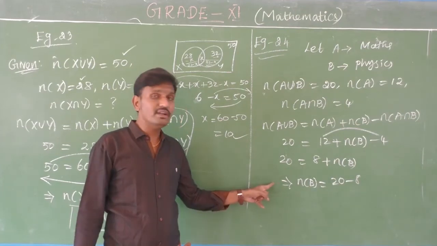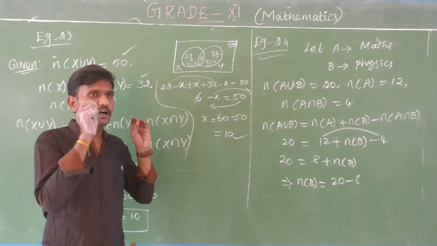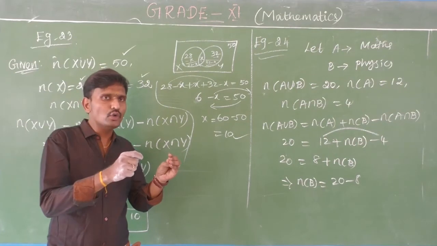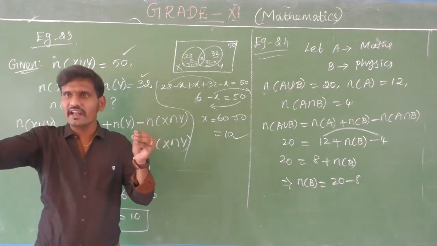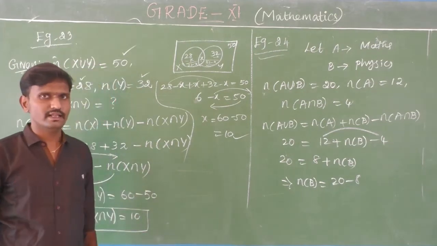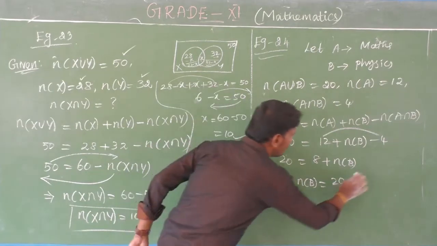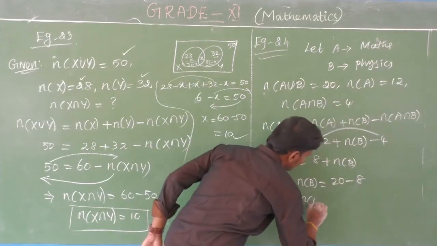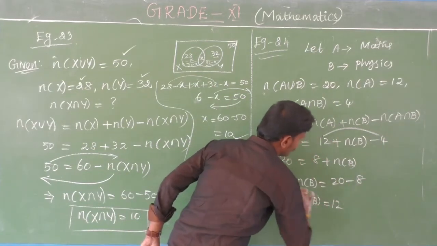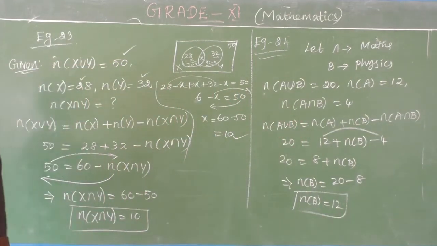This symbol is 'implies', which means we have to move the left to right and right to left, like that we have to use that formula, without changing any signs. Now n of B is equal to how much? 12. So therefore 12 teachers teach only physics.